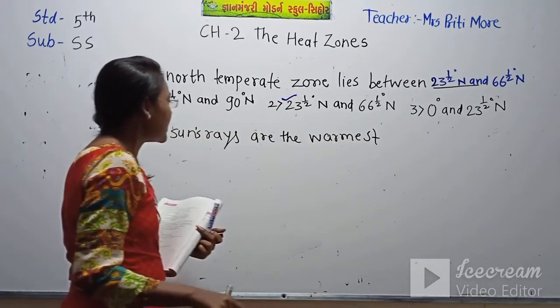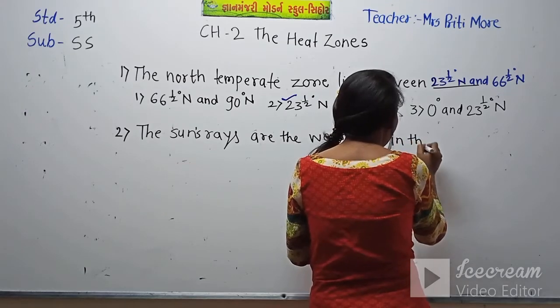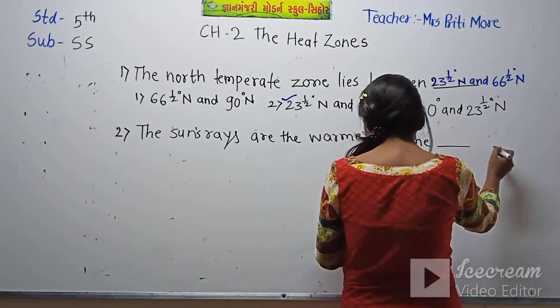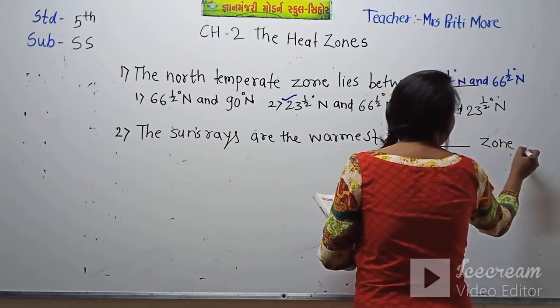The sun's rays are the warmest in blank space zone.